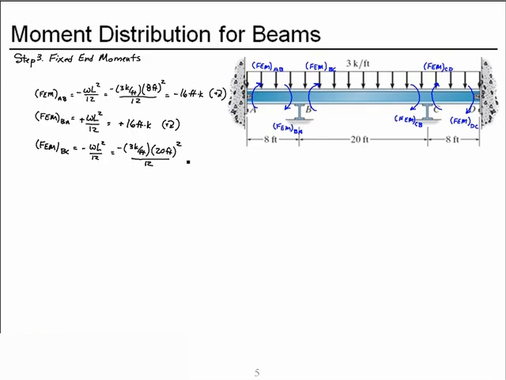We square that, and we get a minus 100 foot kips, fixed end moment at the B end of member BC. At the other end, we know we'll get exactly the same magnitude, but reverse the sign, so we get a positive 100 foot kips.